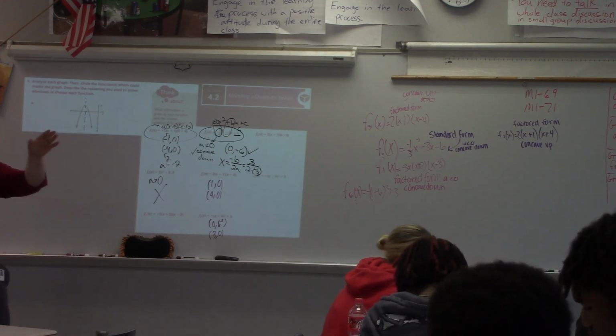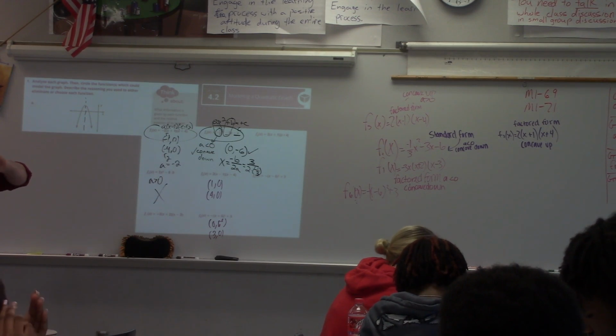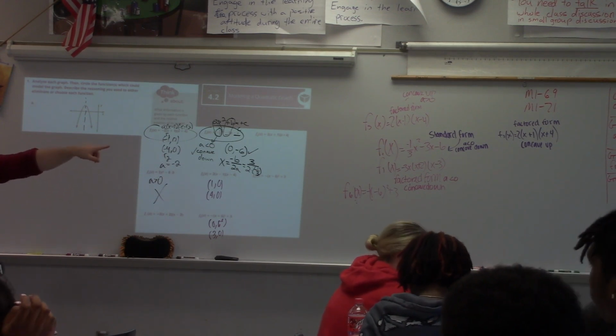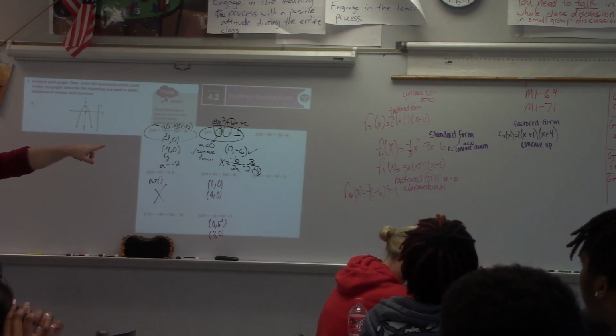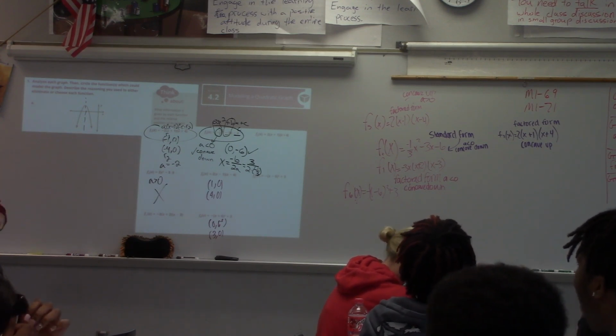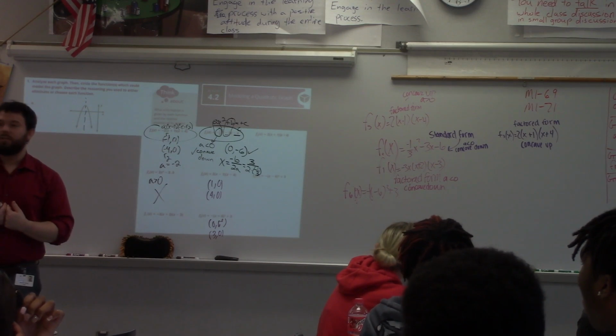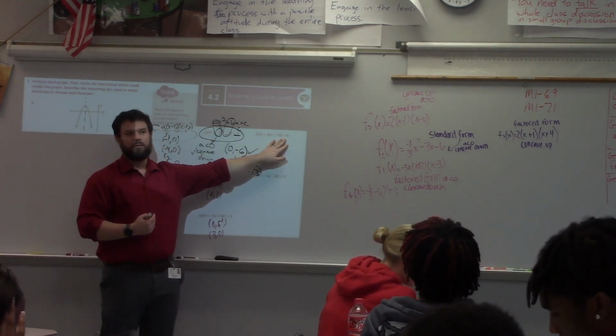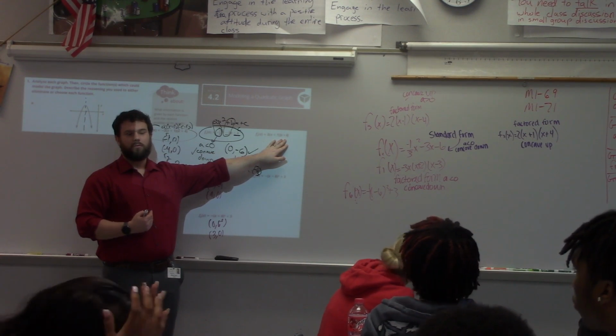I see F3, okay, F3 says no. They say concave up here, so is that a yes or no for this group up at the front? For F3? No. Okay. So we want to notice, could the x-intercepts work for F3?